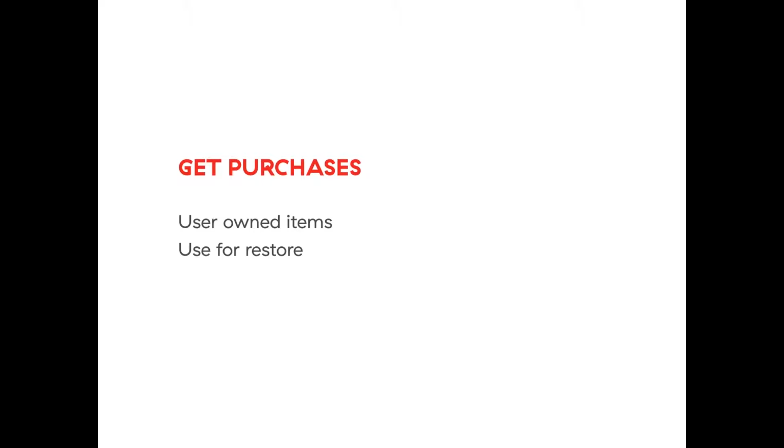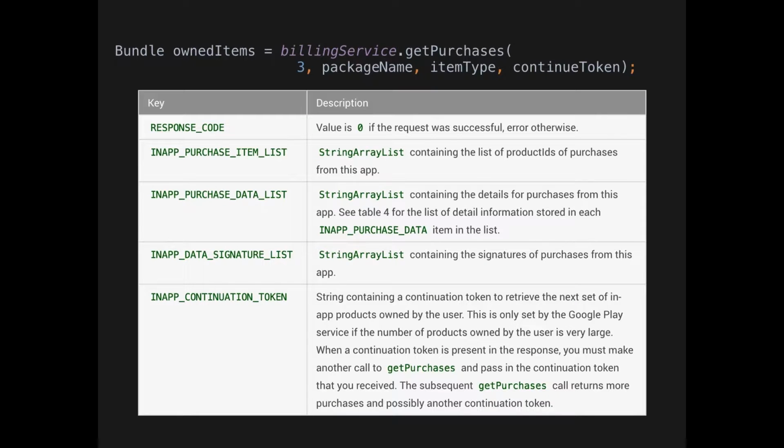Okay, after the user purchases something, you need to have information about what the user owns at the current moment. So, for example, if users change the device, you want to restore that data. The same principle as for getting details of some item. Here you use the getPurchases method, and you will get all the items the user currently owns and has purchased. You can see here you're passing another parameter, which is the continuation token, which you get after the first response.